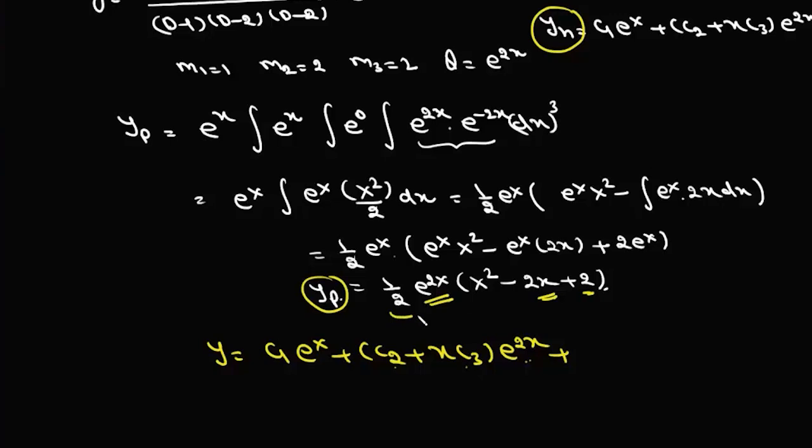So all we need to write is this term x square, because it is not there previously. So it will be this 1 by 2 e to the power 2x into x square, and that is the answer to this question.